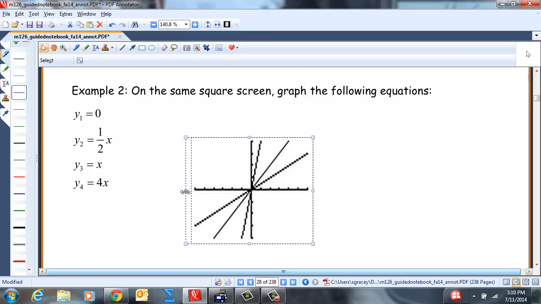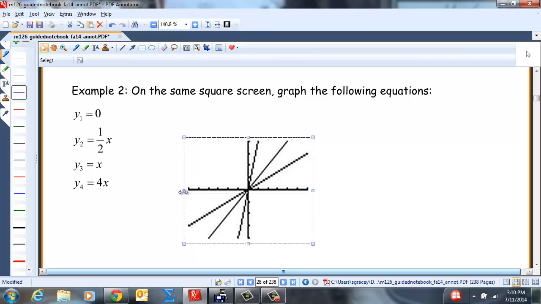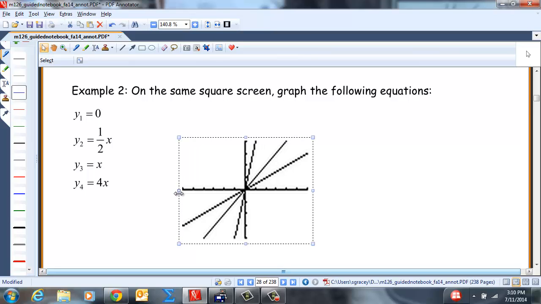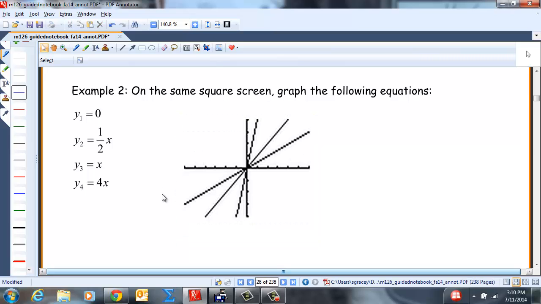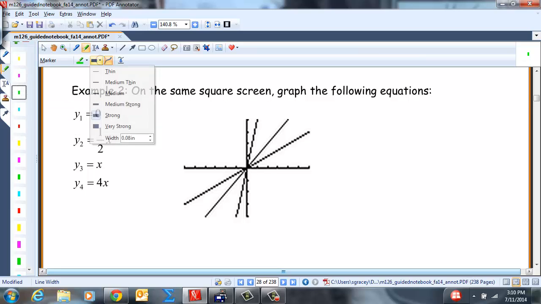Let's see. Okay, that looks pretty good. So the first line is on the axis right here. So this is the line y1 equals 0.